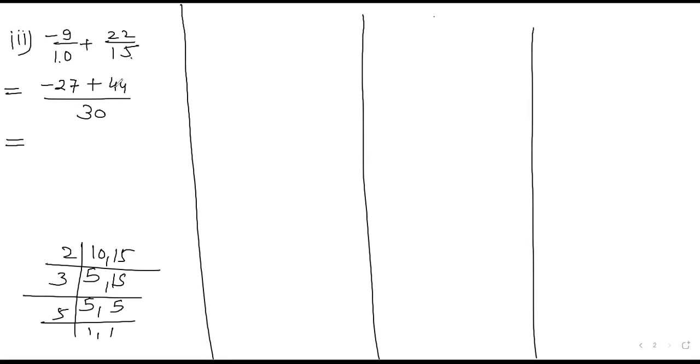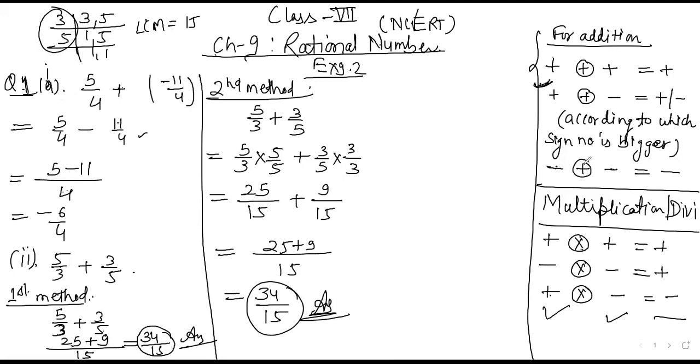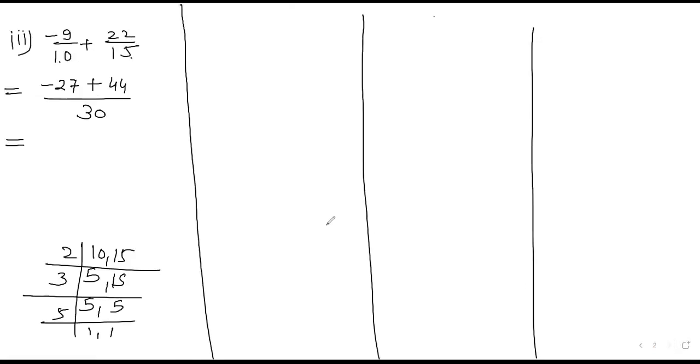Now 44 will be subtracted from 27 because they have the opposite sign, as you know that minus or plus, they will be subtracted, but the sign will be of the bigger number, right? So bigger number is 44, the answer is coming plus definitely, but they will be subtracted, gives you 17 upon 30, right? Okay, so this will be the answer for the third question.